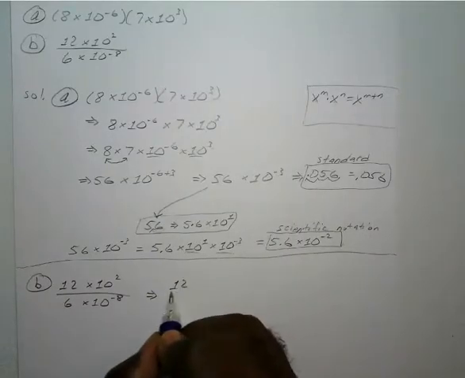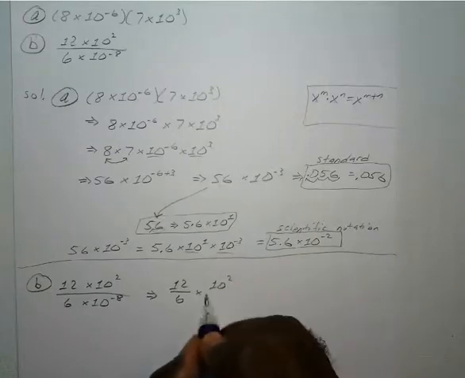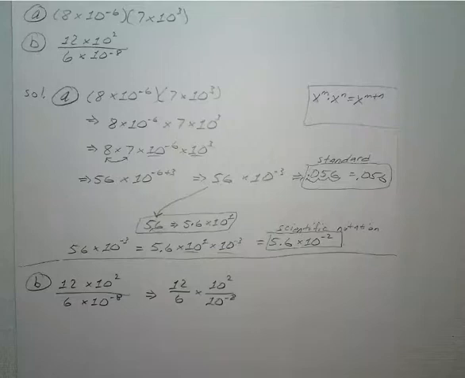You have 12 over 6 times 10 squared over 10 to the negative 8th power. All we did was separate it. We still have 12 times 10 squared over 6 times 10 to the negative 8, if we wanted to write it as one quotient.